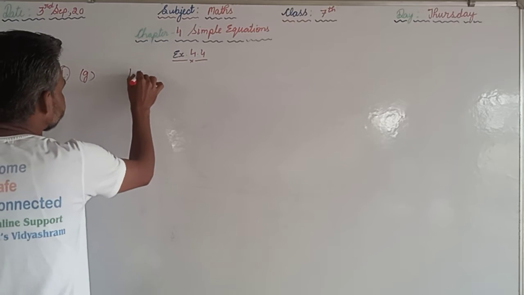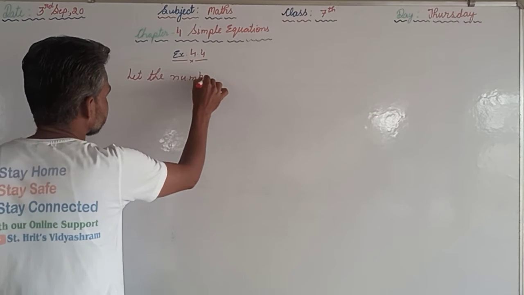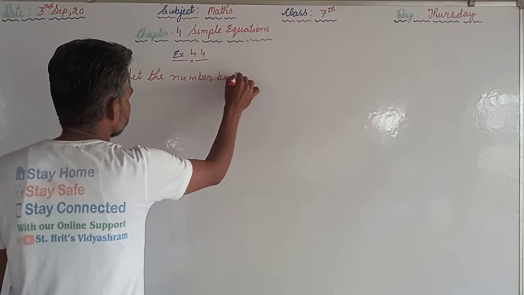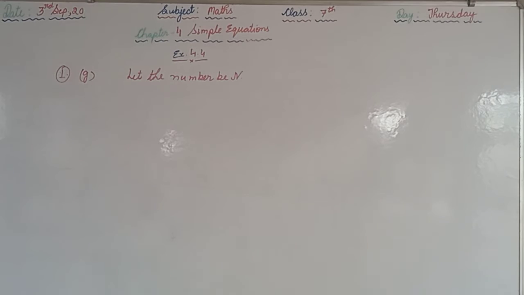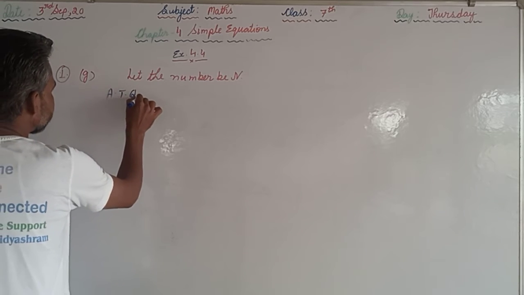Let the number be n, and afterwards the conditions are given. According to the conditions we are supposed to proceed, or we are supposed to frame the equation.